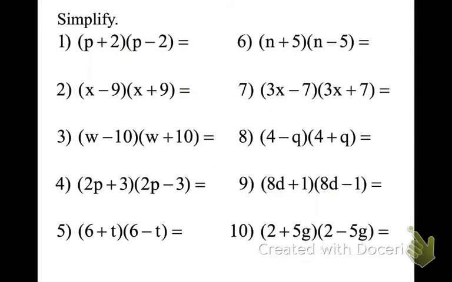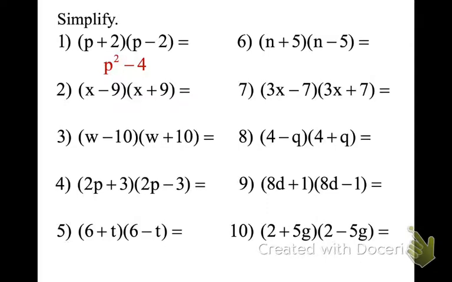Okay, let's go through. Ready? Let me go with Ford. Number 1. We're going to do p squared, and then 2 times negative 2 is negative 4, so p squared minus 4. Next one, number 2. Go faster.